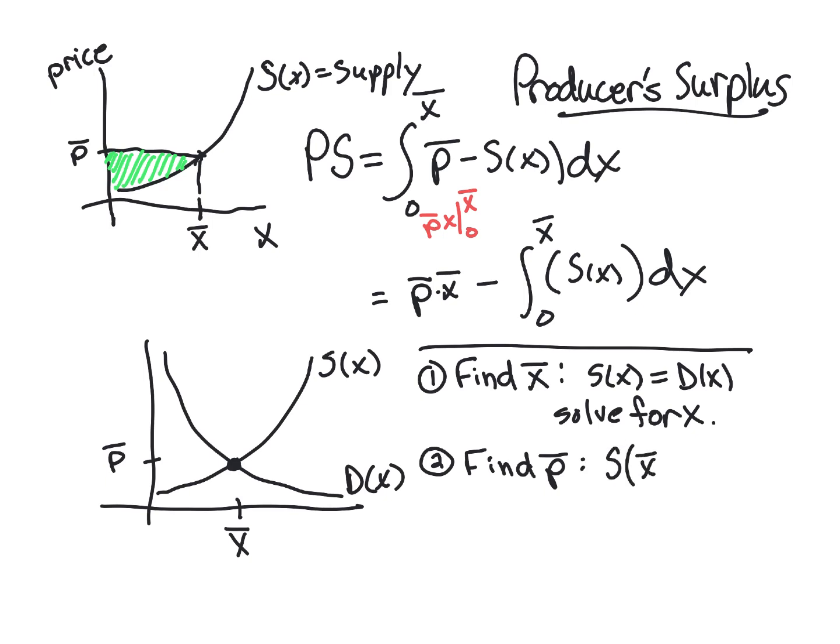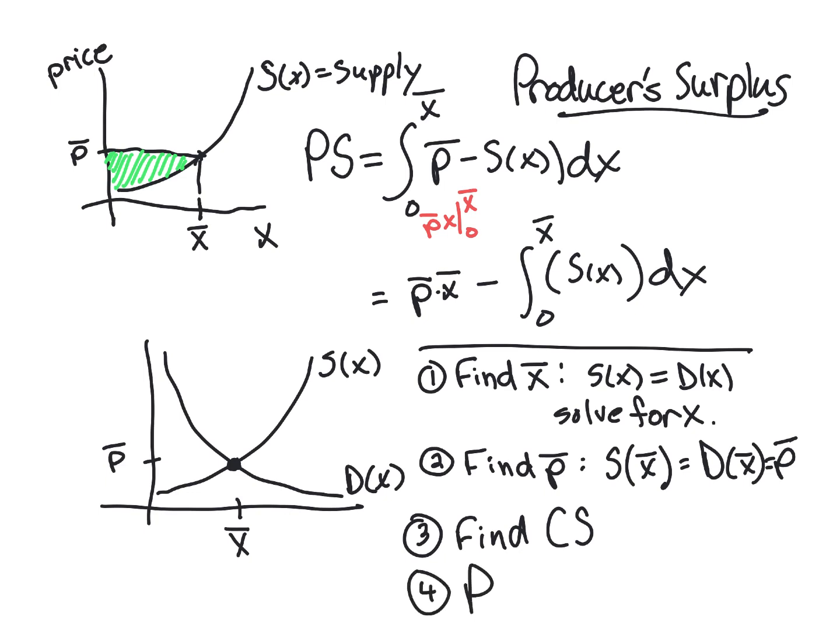What you found in the original should be the same for both. And that's how you find P bar. Then 3, you're going to use the X bar and the P bar to find the consumer surplus and the producer's surplus.